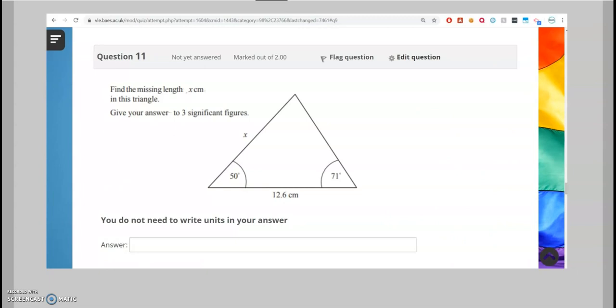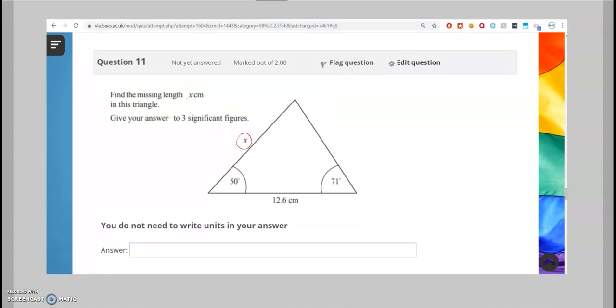Now in this question we have a triangle. We've got to find the missing length, which is this one, x, and give the answer to 3 significant figures. So when we have right angle triangles, we're dealing with Pythagoras or SOHCAHTOA. When it's non-right angle triangles, then we're looking at the sine and the cosine rule mainly.